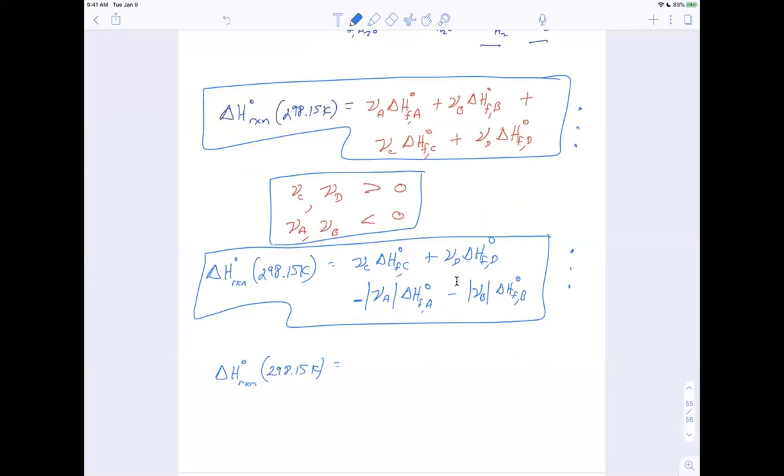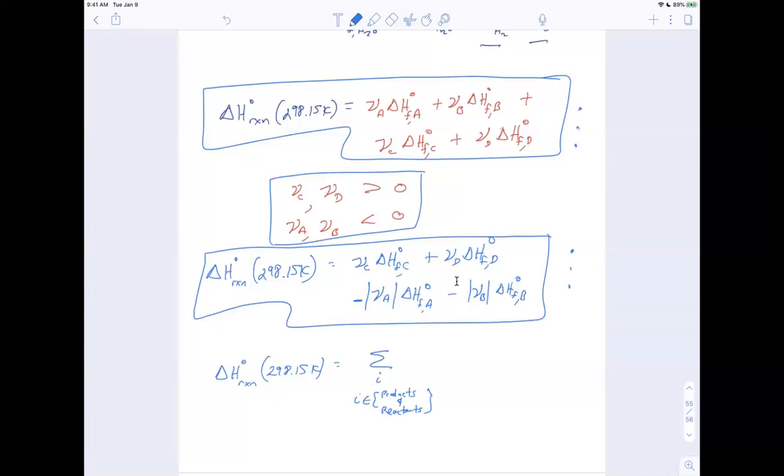as a sum over I, where I now is the set of reactants and products. So I is an element of this set of products and reactants.